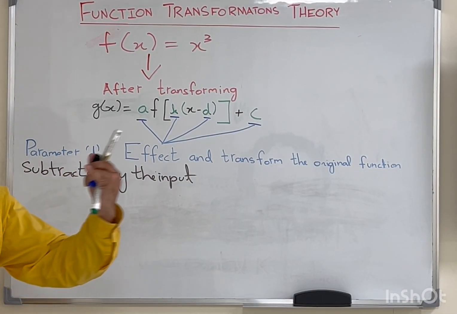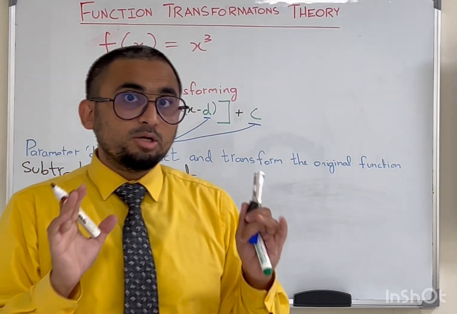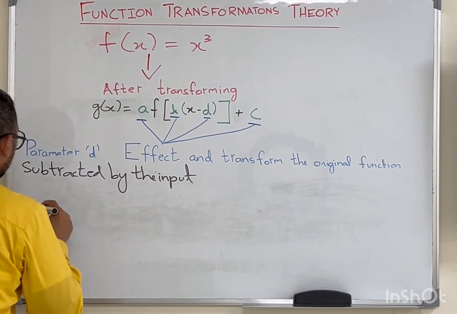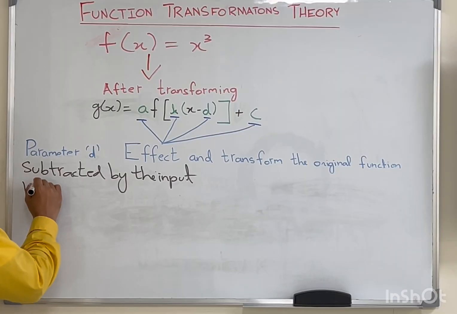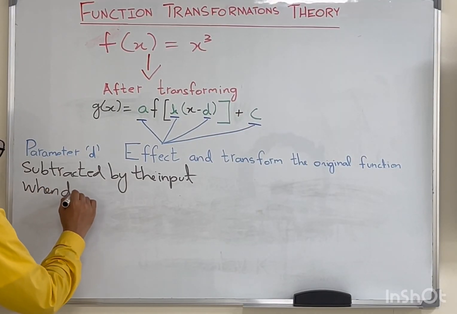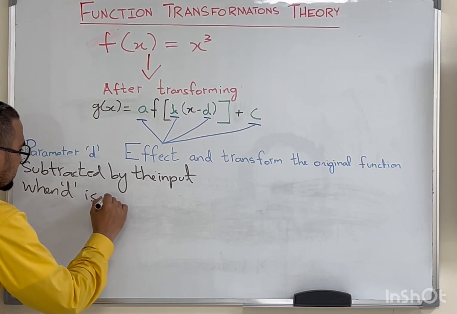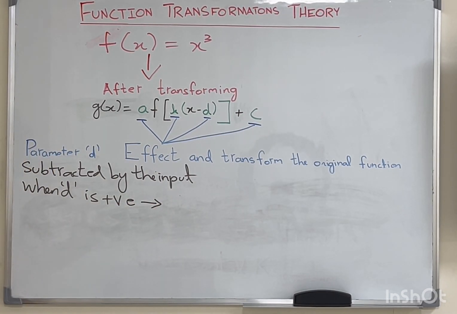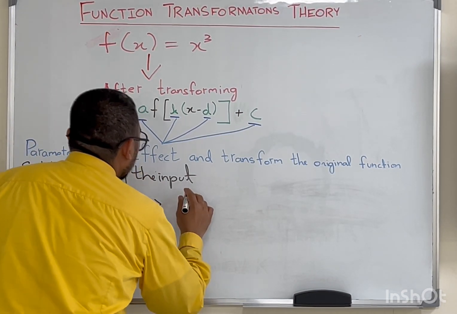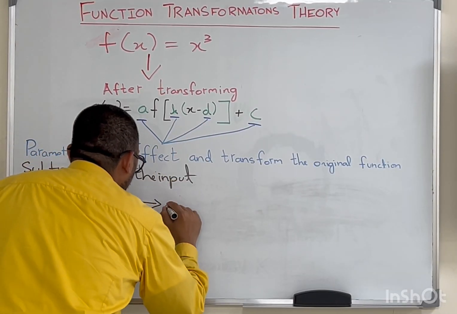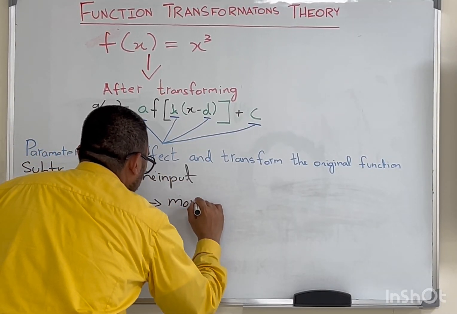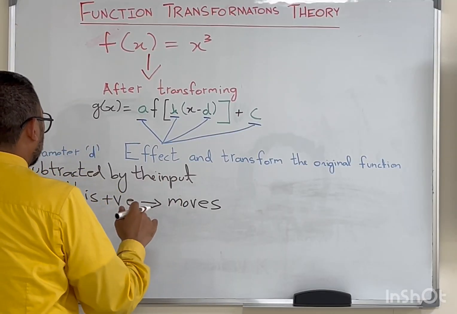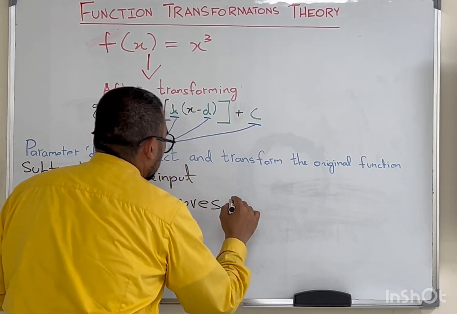One is when the D is positive. Okay? When D is positive, okay, the graph moves to the right.